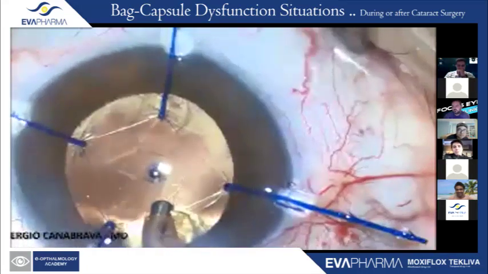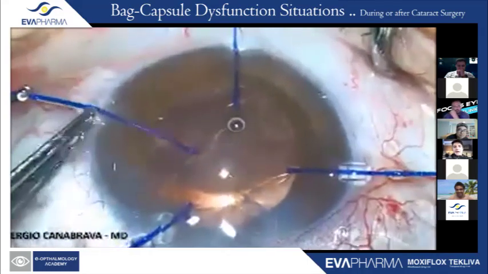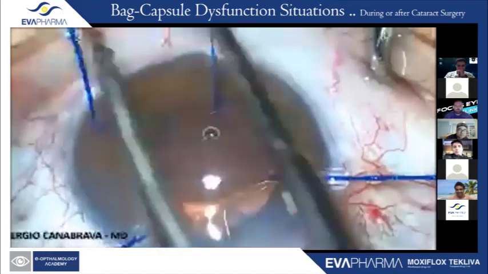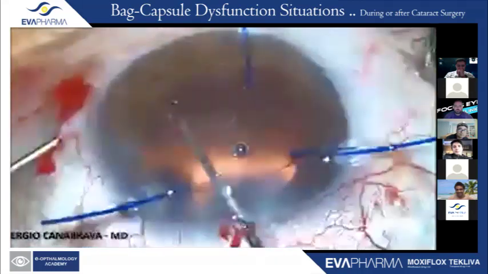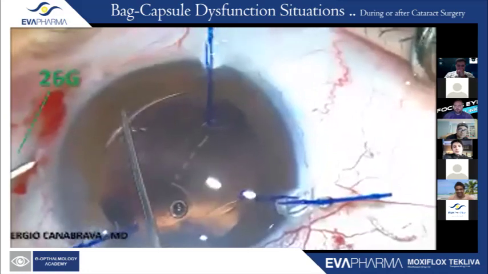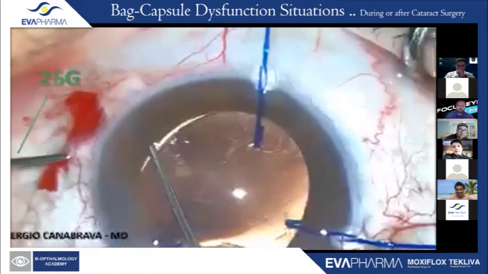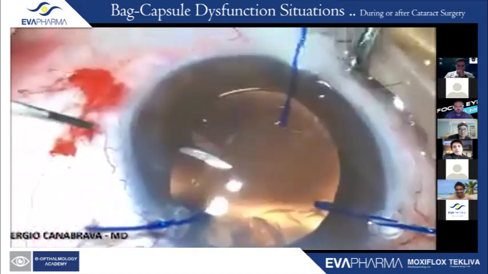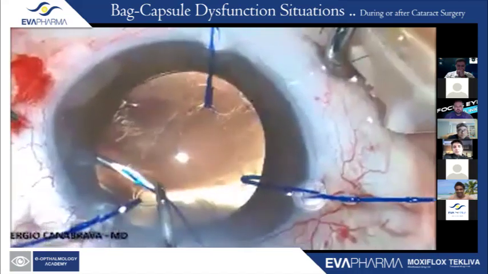And after removing all the crystalline and all the cortex, I remove first one side, and I use a ball hook to create a space. And as Brian told you, it's important to create a large tunnel, and then you rotate it to the anterior chamber between the CTR and the iris, and then I insert the 5-0 Prolene suture.